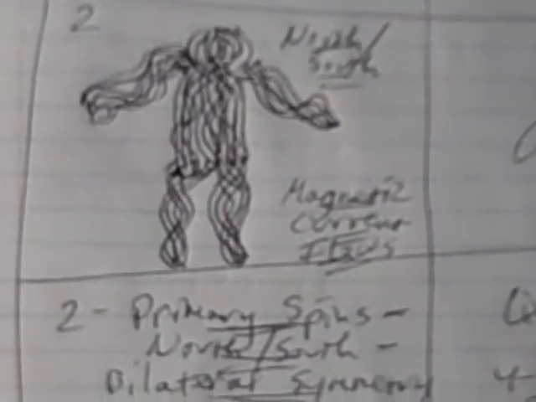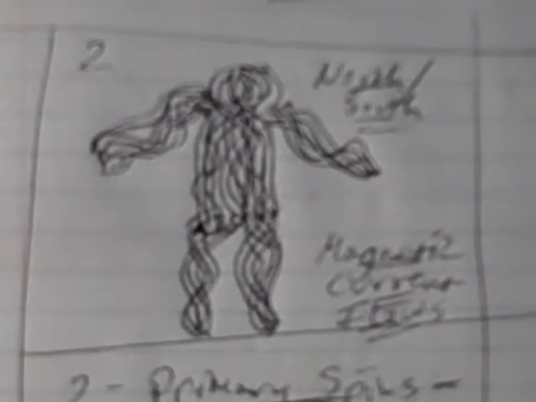So here we have this first drawing. I don't know if this is the first in this video, but in this first drawing you have two north and south magnetic current flows, which are interweaving predominantly in a kind of double helix fashion.